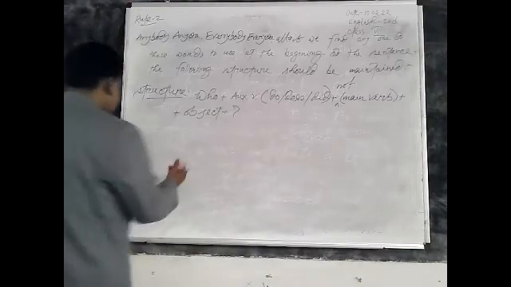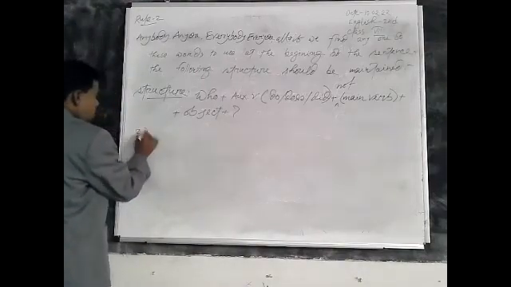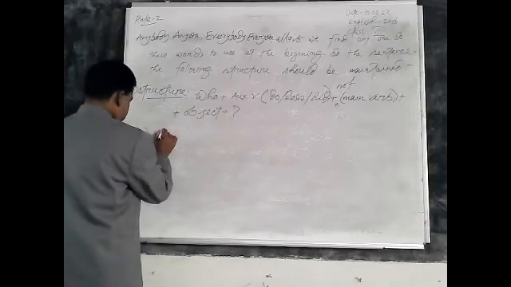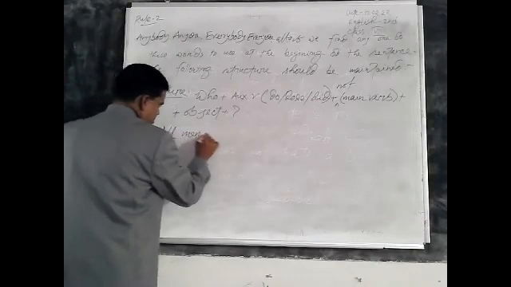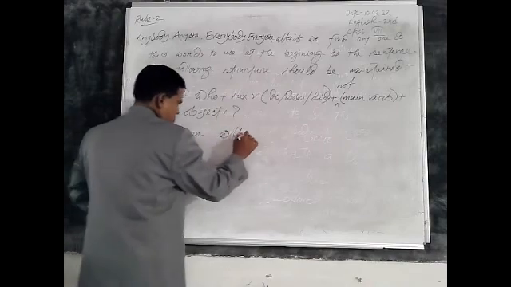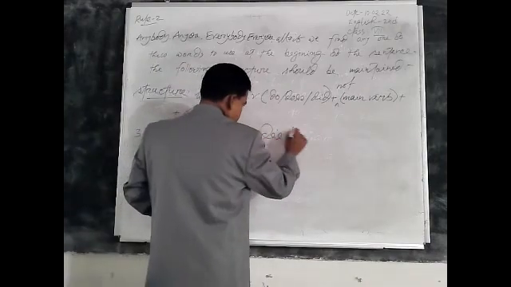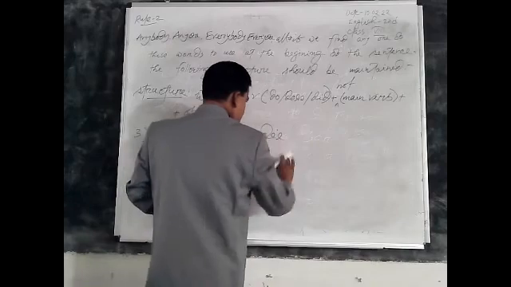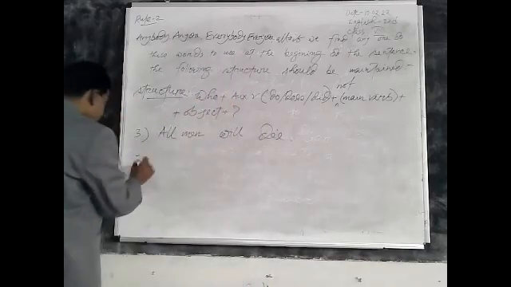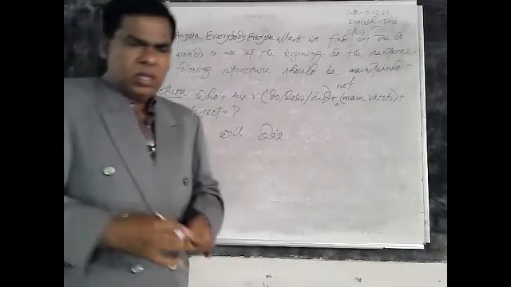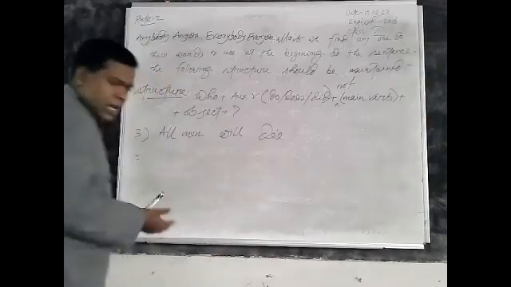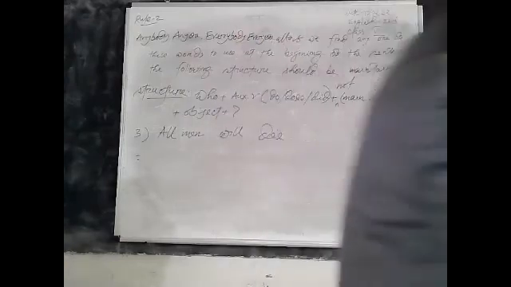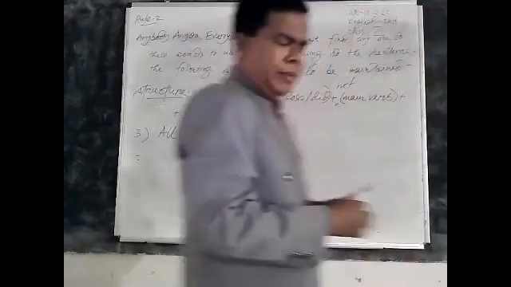Now I am writing example number 3. All men will die. Dear boys, look here, I have written here: all men will die. So now what will we have to do, boys?